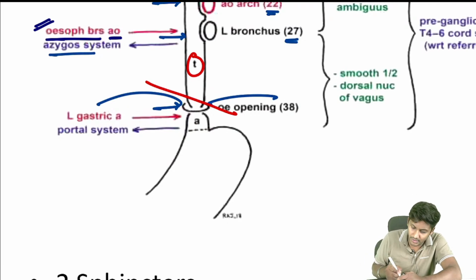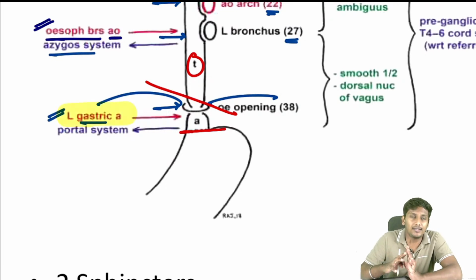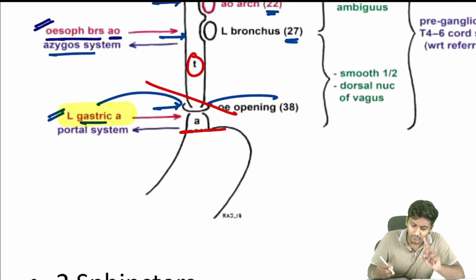This is a very important artery, remember it, because it is the most common vessel to rupture in a case of Mallory-Weiss tear. When a patient has a lot of vomiting, there is stretching, and that causes rupture of this left gastric artery itself. So remember that.